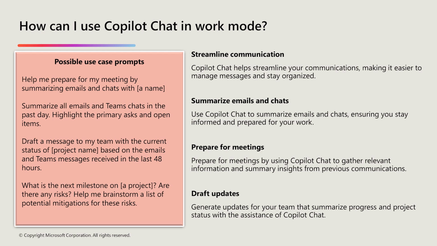So I can securely draft a document, create a document, and ask for specific code variations. I can do all of that within my organization. And I can also streamline communication, right? I can summarize my emails and chats, prepare for a meeting, and configure communication with my teams, updates, all of that within my organization.